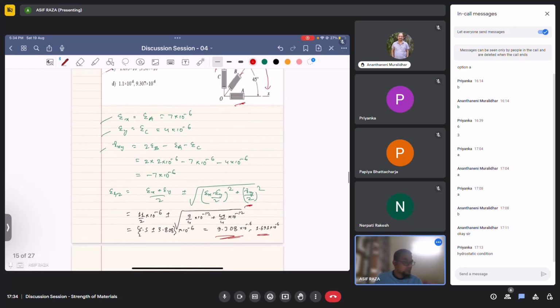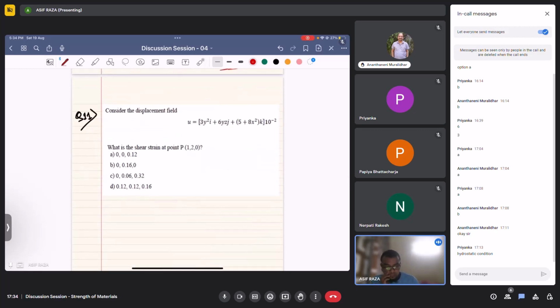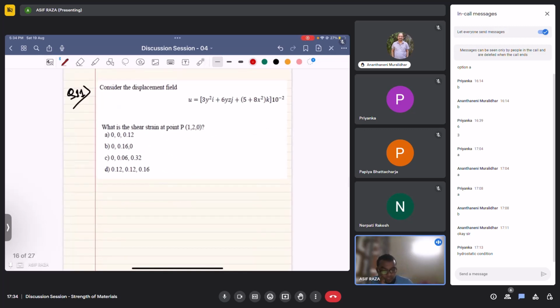Okay, moving on to the next question. This is quite an interesting question. So we are given a displacement field as a function of x, y, z. So this is the function of the displacement field.